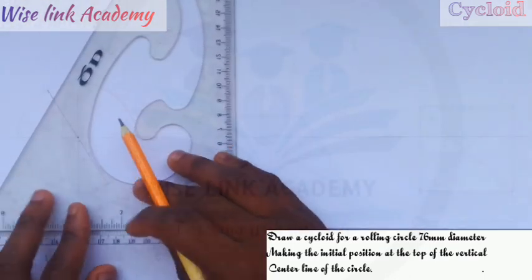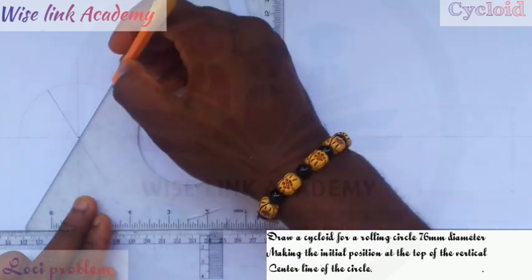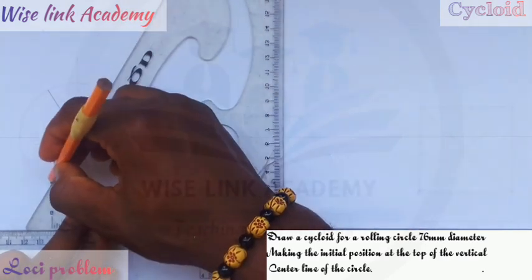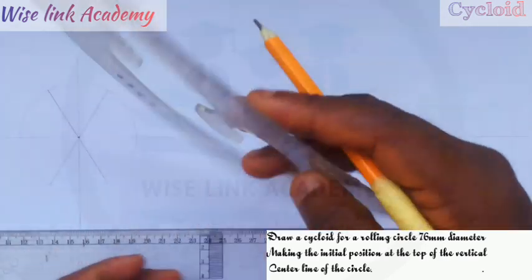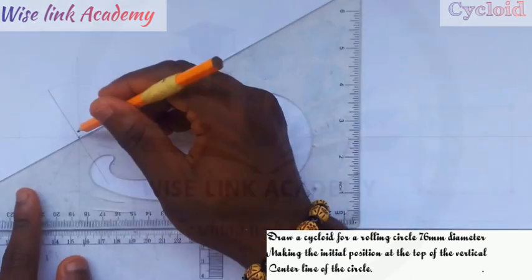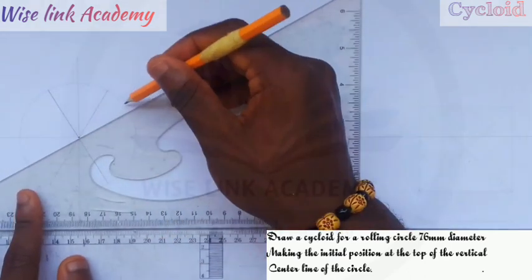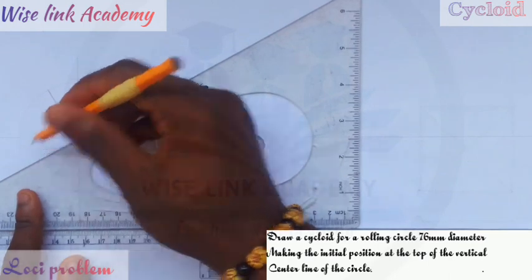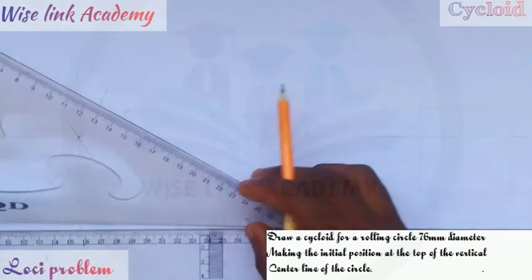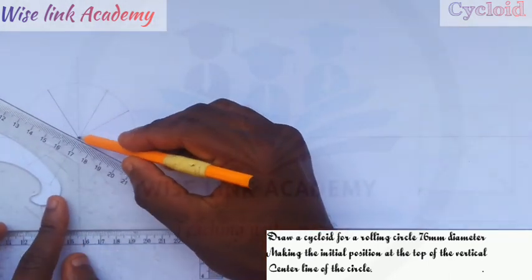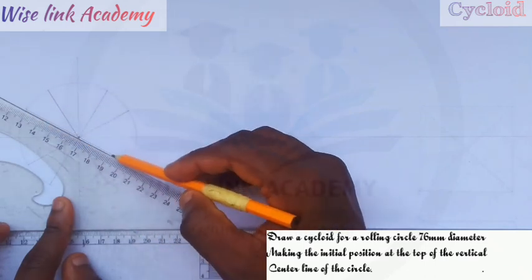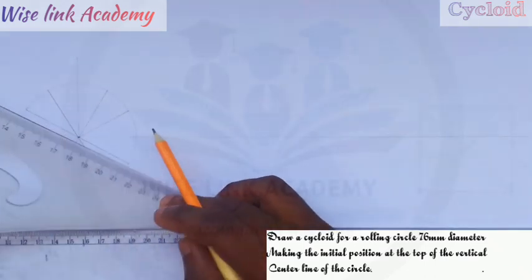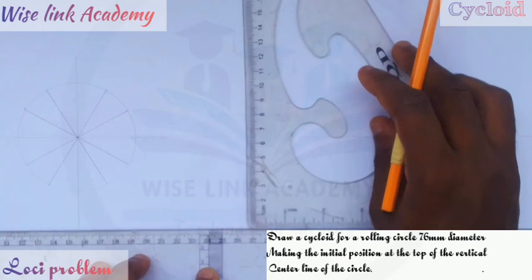Take it backward this way, call it line 2. The same way, down this way, this is my line 3. And finally, take it this way, line 4. So this is my 12 equal parts.